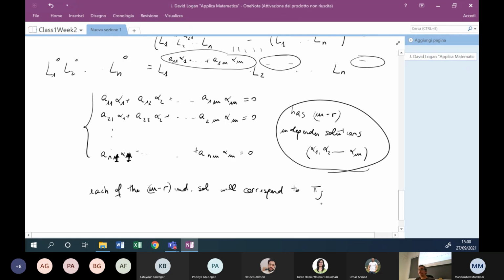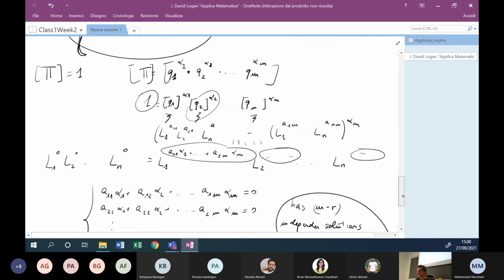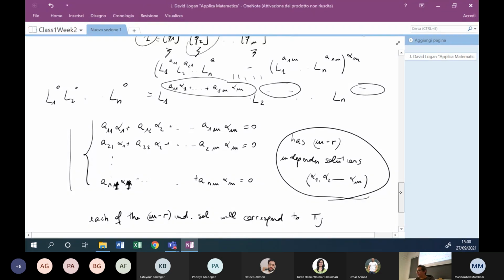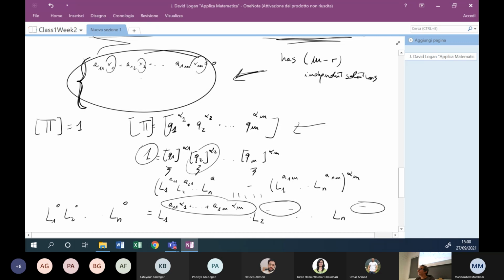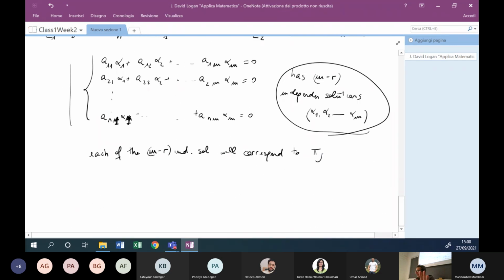These pi's are going to be dimensionless by construction, because you remember, I constructed this system from the hypothesis that this is the most generic pi that I can build out of Q1, Q2, and Qm. This is dimensionless by hypothesis. So what I'm trying to find are the independent pi's, so the combination of alphas here which is going to give me independent dimensionless variables. And that's what I get from studying this linear system and finding its solutions.